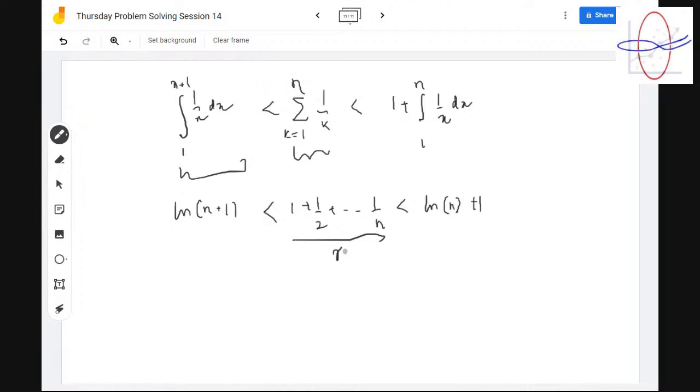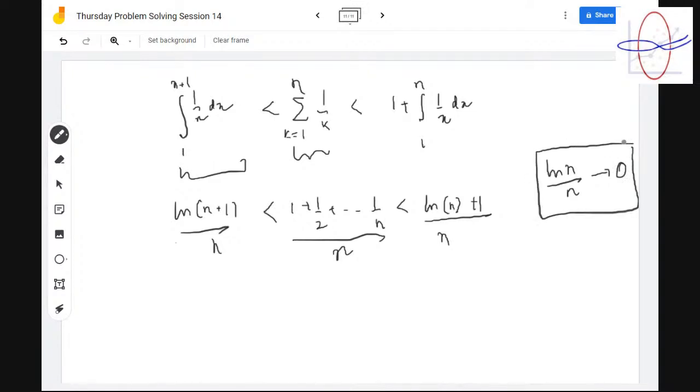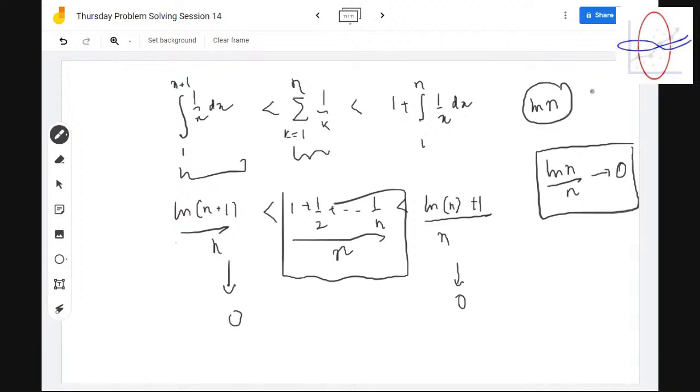So essentially, if you divide this by n, log of n by n goes to 0, right? Log of n behaves more slowly than n, and this goes to 0. So you understand that this is much better. The harmonic sum behaves like log n, while the other behaves like polynomial n, linear.